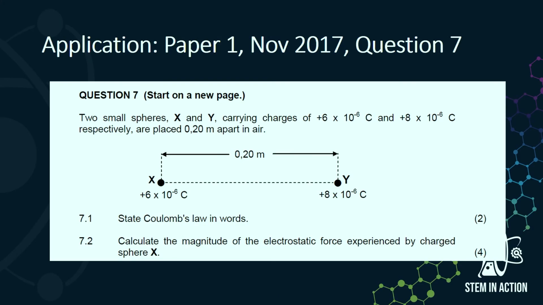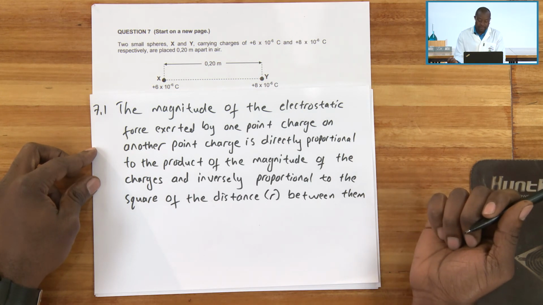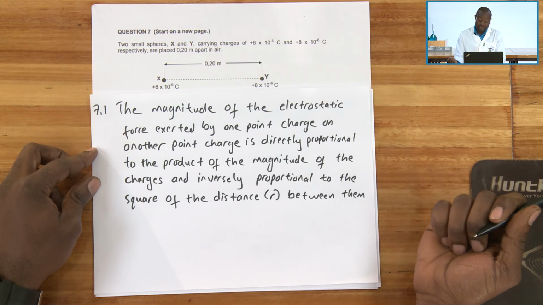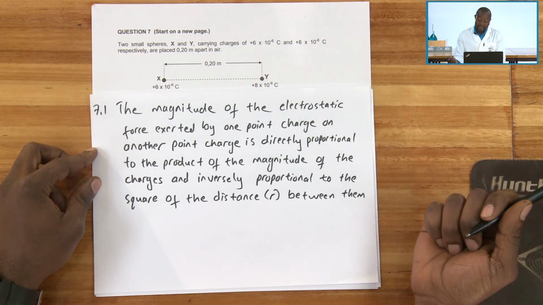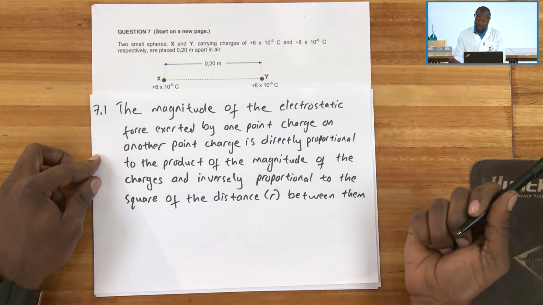All right, so this is our diagram. And 7.1 says state Coulomb's law in words. Coulomb's law says the magnitude of the electrostatic force exerted by one point charge on another point charge is directly proportional to the product of the magnitude of the charges and inversely proportional to the square of the distance r between them.